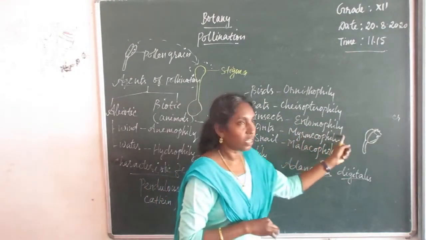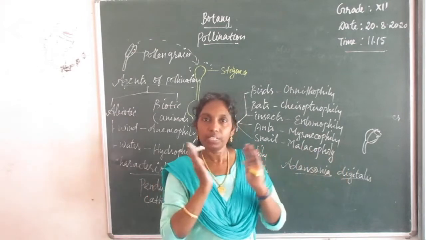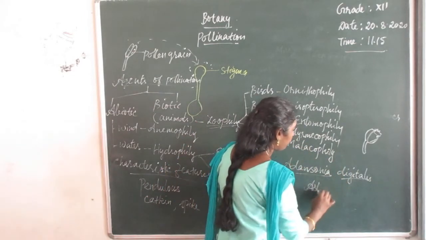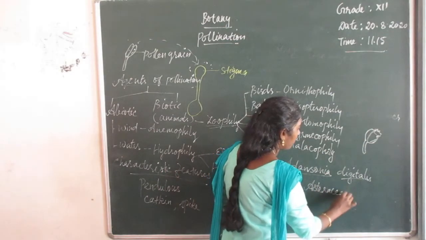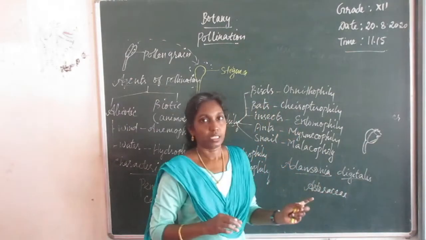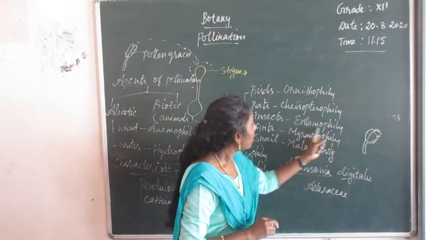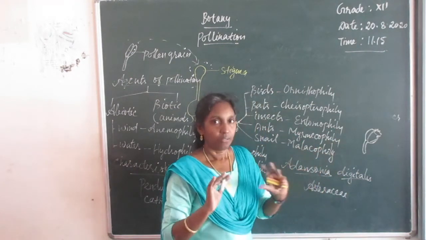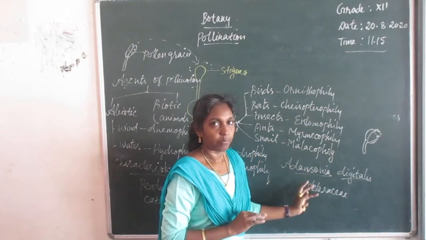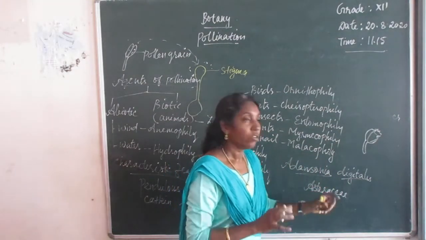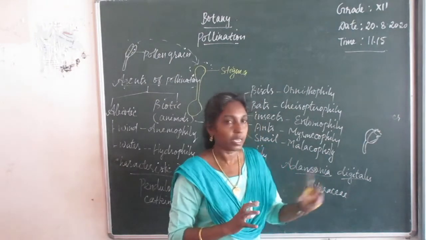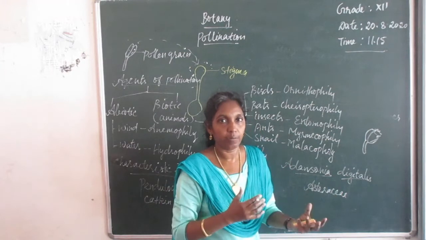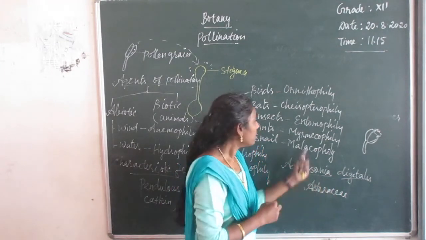Here, entomophilous flowers are also colored. If the flowers are single, they produce clusters, as in most Asteraceae species. Asteraceae members are involved in entomophily, and they produce a number of flowers. In this case, they produce a lot of nectar, and sometimes the pollen is edible for the visitors.